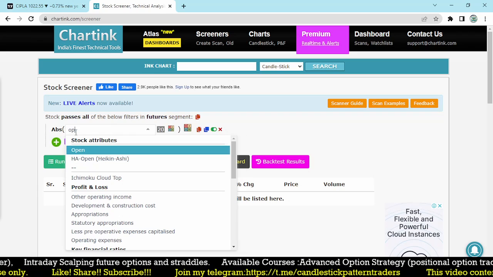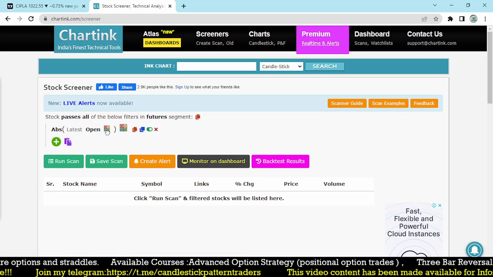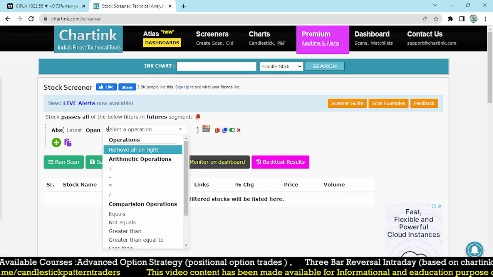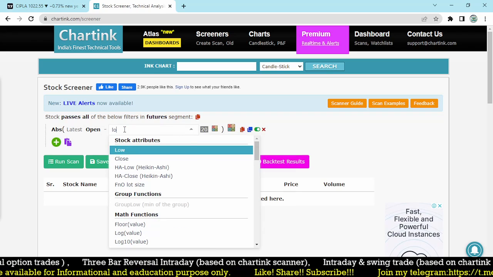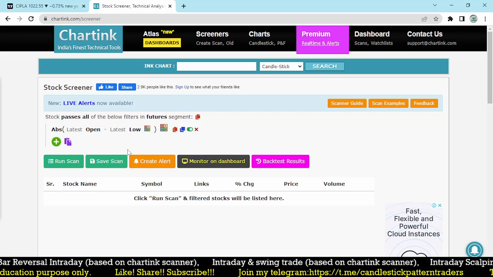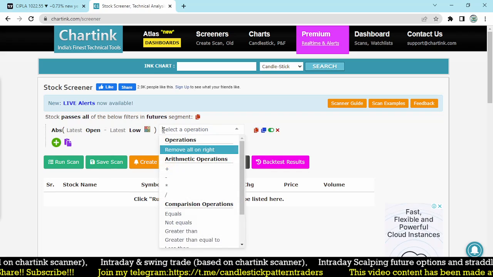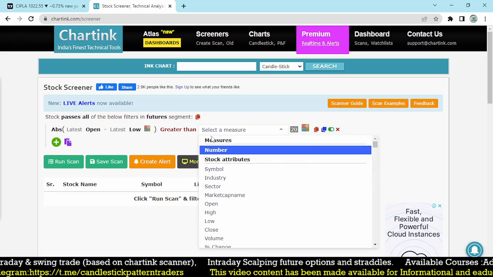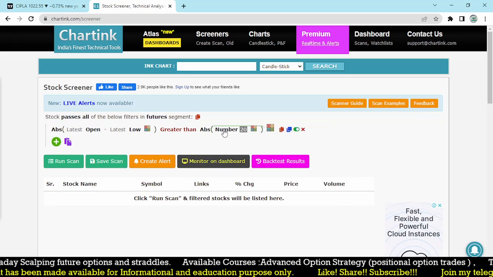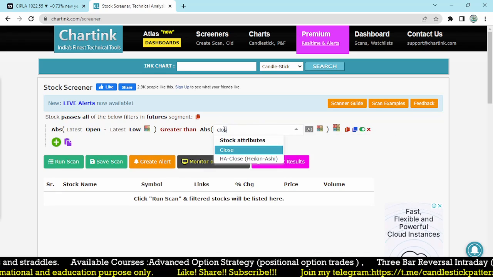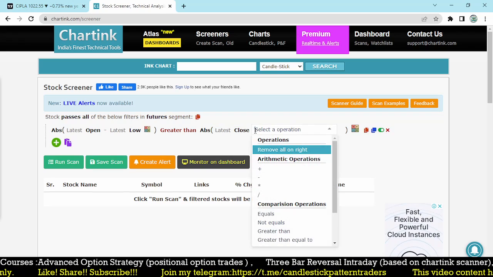So let us check open minus the low. Previously we used open minus high minus close. Here we are talking about open minus low, and it must be greater than, again with the ABS value, a max function we are using to calculate the close minus open.